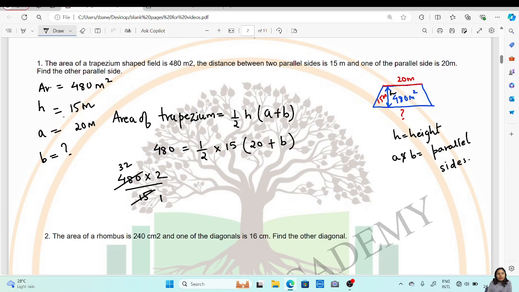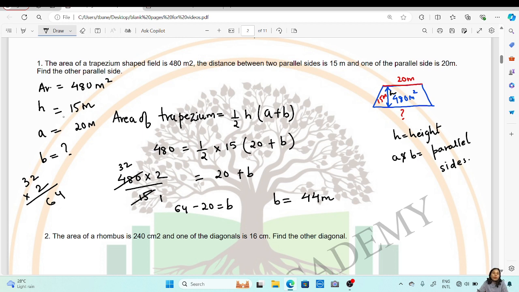Then if you multiply 32 into 2, 64. So what will be left is 20 plus B. Then here we got 64. Taking this 20 across, you get the other side B. So our B is going to be 44 meters.